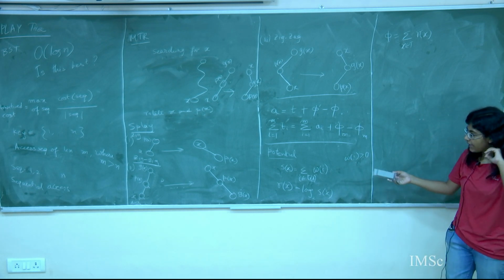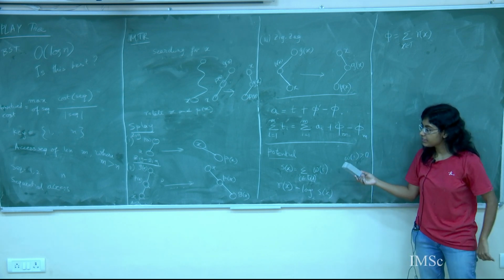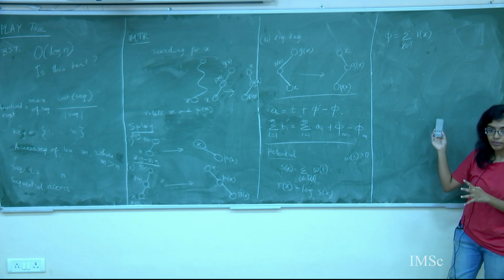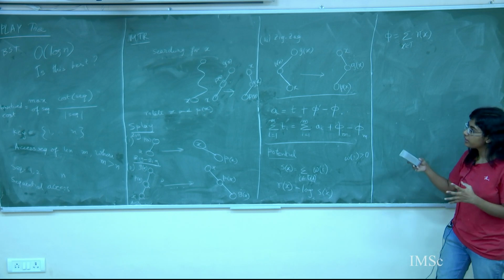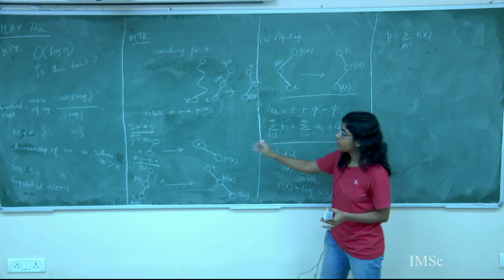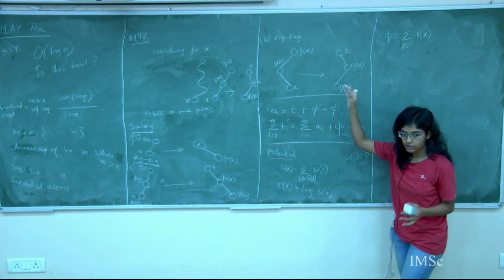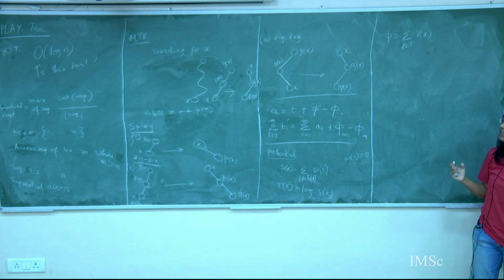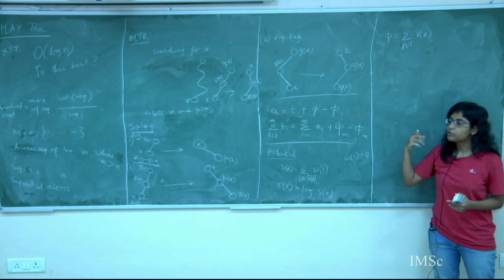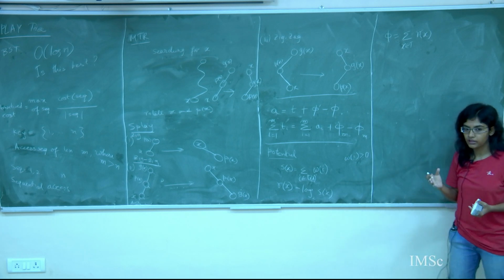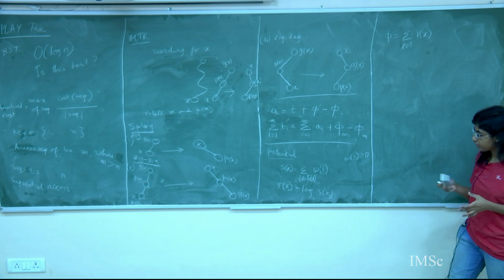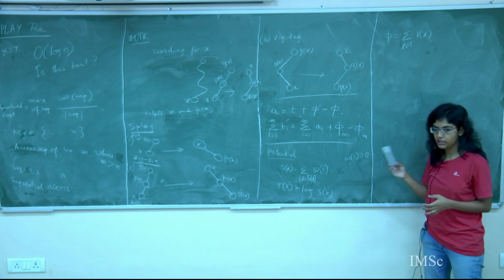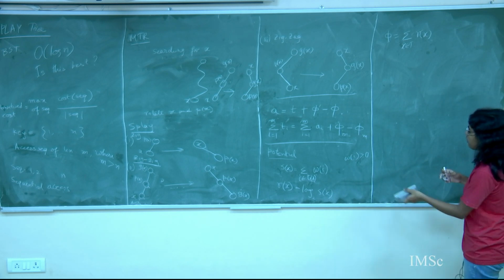Notice that this potential function is all part of the analysis. When you are doing a search, what you are doing is the splaying, and now we are trying to prove that splaying is good. Splaying gives you a good amortized time. So for that we are defining the potential function, right?